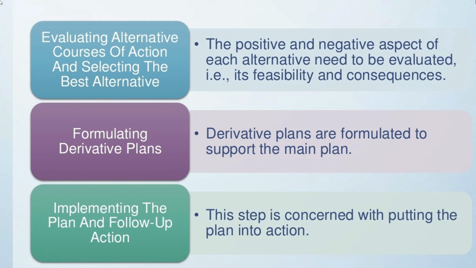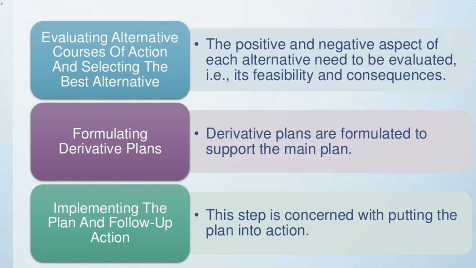Now let's come down to the fourth step, which talks about evaluating alternative courses of action and selecting the best alternative. Now how do we explain? After making the list of various alternatives along with the assumptions supporting them, the manager starts evaluating each and every alternative and notes down the positive and negative aspects of every alternative.